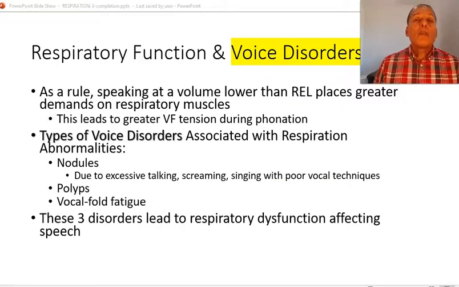In terms of respiratory function and voice disorders, there are many voice disorders. Some are psychogenic, some are organic or caused by anatomic abnormalities. Some are caused by neurological problems.